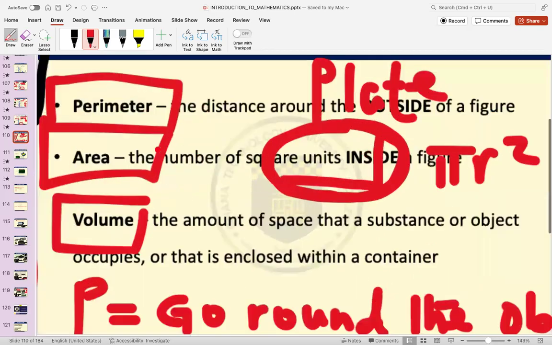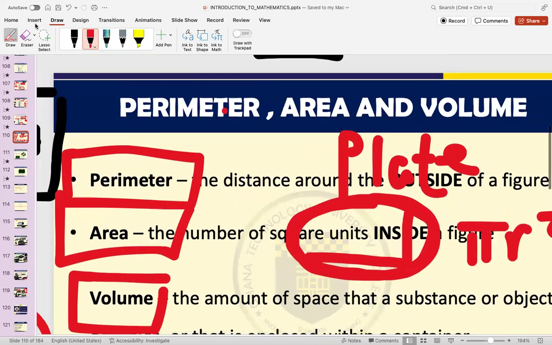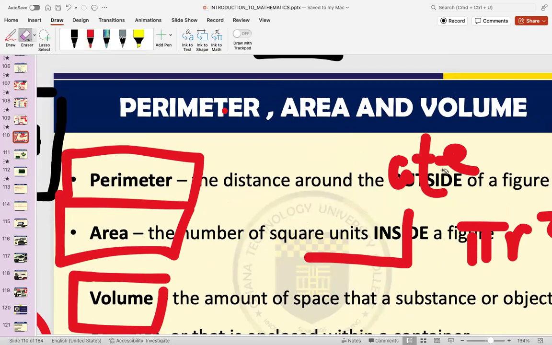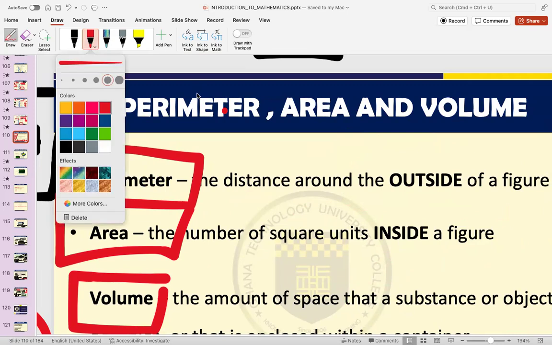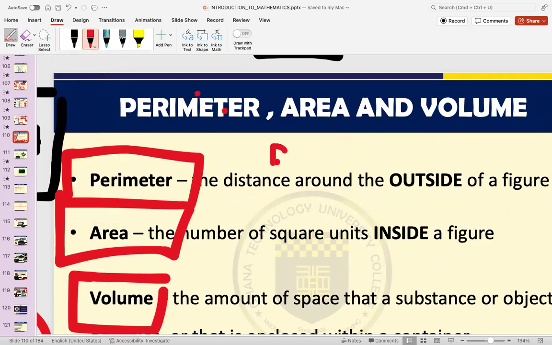Now, what about perimeter? Perimeter is also simple. So an example of a product that has been manufactured using perimeter measurement is our drying lines. The drying lines you buy. Okay.